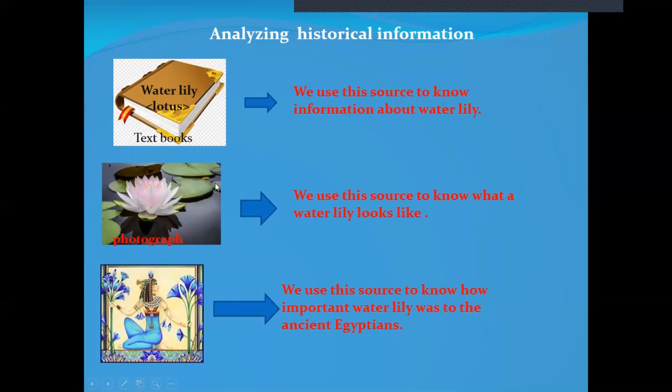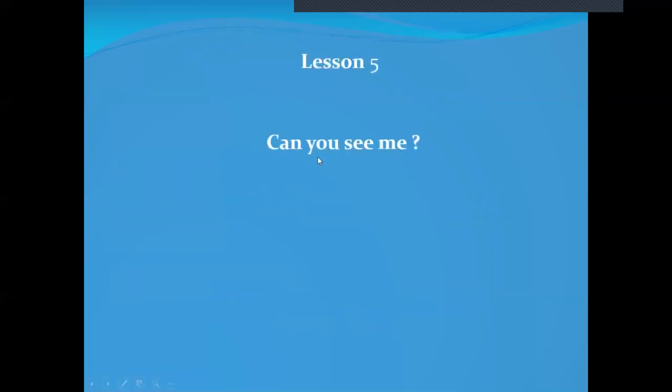We use a photograph to know what water lily looks like, and we use this source to know how important water lily was to ancient art. We can know information about water lily from books.